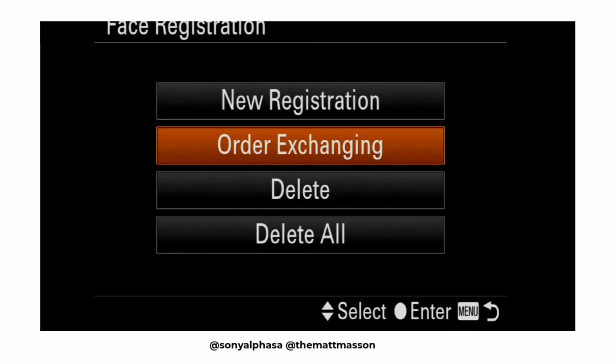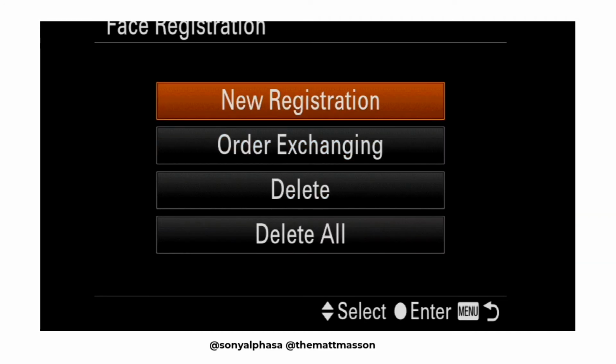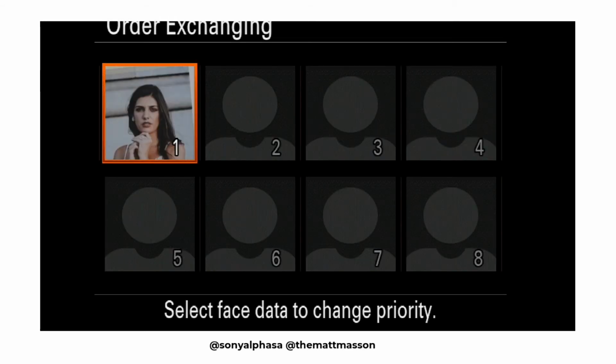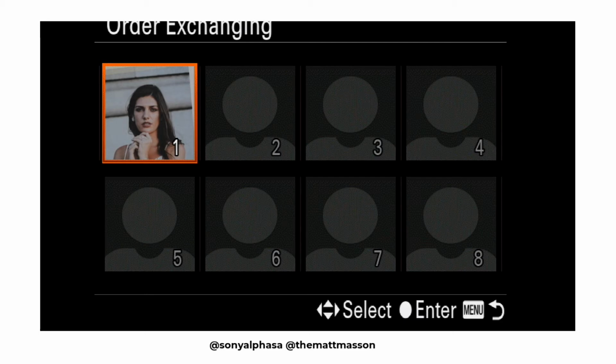And then all you're doing is saying new registration, program that face in. And then you can even prioritize it. So you can have the bride smiling in image 1, the bride not smiling in image 2. You can have 3 and 4 being the groom, and then anyone else that you want on the wedding day programmed in as well. It's just a completely insanely powerful tool.